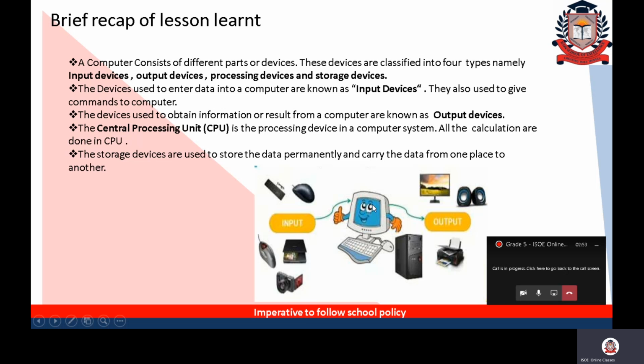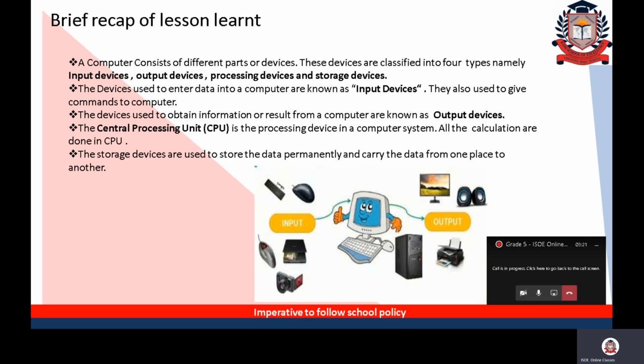All the calculations are done in the CPU. That's why it is called the brain of the computer. The storage devices are used to store data permanently and carry data from one place to another. What are the examples for storage devices? You might have seen a pen drive, which is commonly used nowadays, maybe CDs, DVDs. All these are examples of storage devices.